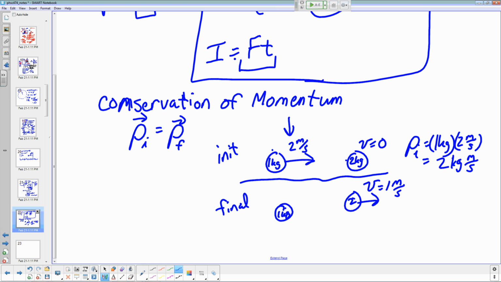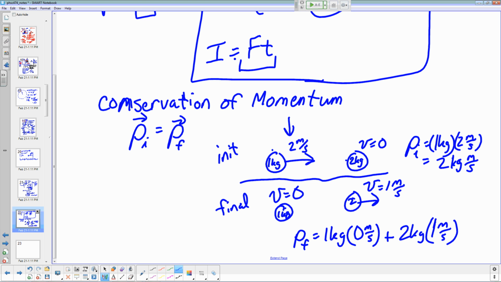It has to be 0, right? So my velocity here has to be 0, because then my total final momentum would be 1 kilogram times 0 meters per second, plus 2 kilograms times 1 meter per second. All right, which would give me the same momentum as what I have up here. The initial momentum has to equal the final momentum.